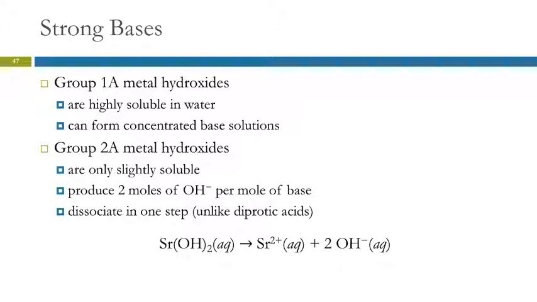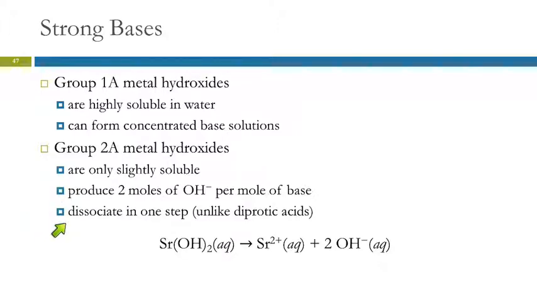These group 1A metal hydroxides are very soluble in water, so we can make quite concentrated basic solutions. The group 2A metal hydroxides are only slightly soluble. They do produce 2 moles of hydroxide per mole of base.